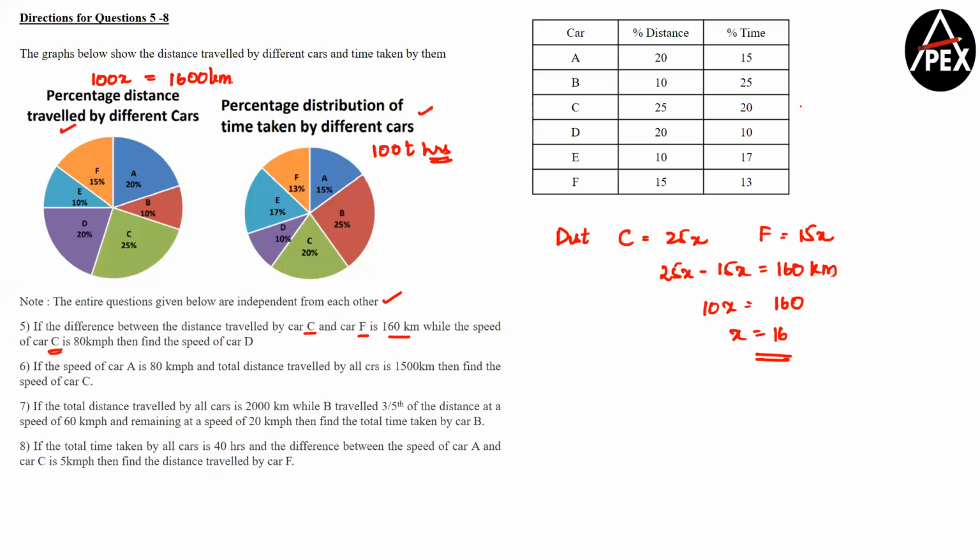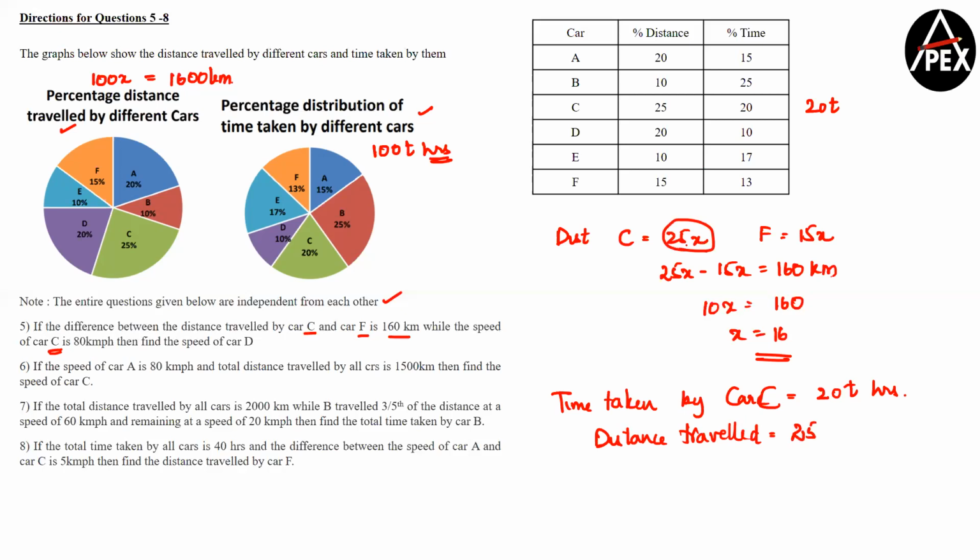So the time taken by car C will be 20t hours. The distance traveled will be 25x. So x is 16, so the distance traveled will be 25x, which will be 400 kilometers.